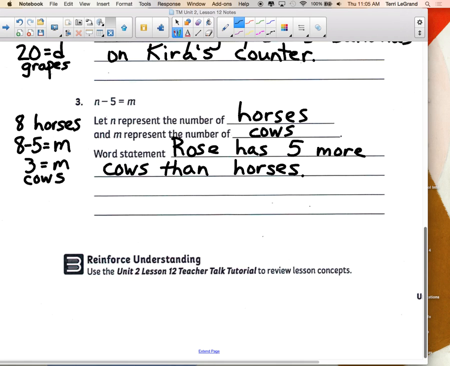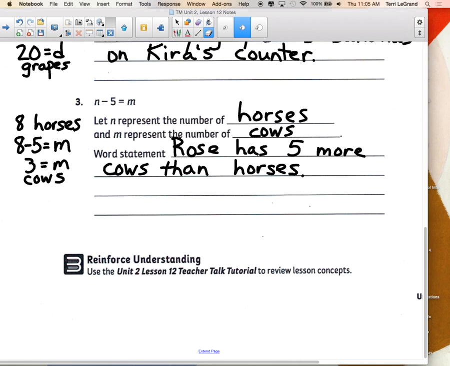So now we make the comparison and we see if it makes sense. His story says Rose has 5 more cows than horses. She has 3 cows, she has 8 horses. Is this 5 more cows than horses? No. So what can we do to change it up? Katie? Rose has 5 more horses than cows.